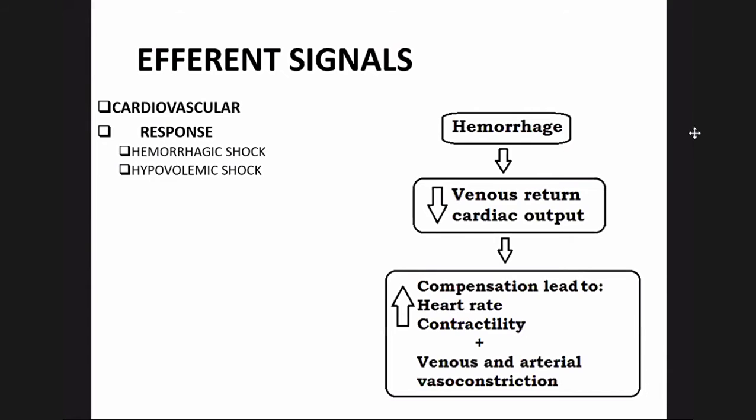So hemorrhage, bleeding, results in diminished venous return to the heart and decreased cardiac output. This is compensated by the increase in heart rate and contractility, as well as venous and arterial vasoconstriction.